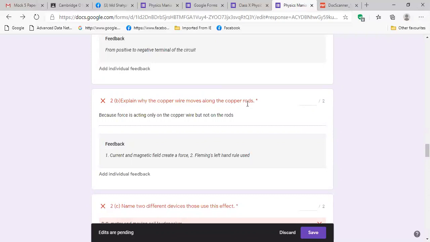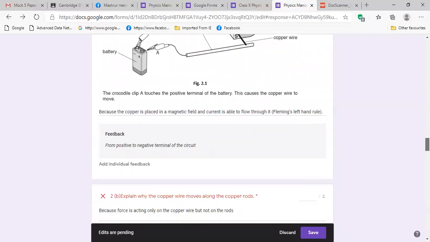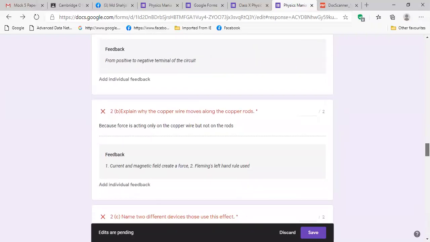So why does the copper wire move along the copper rods? Because force is produced due to current and magnet, and Fleming's left hand rule. What you said here, because force is acting only on the copper wire but not on the rods, is actually not necessary.